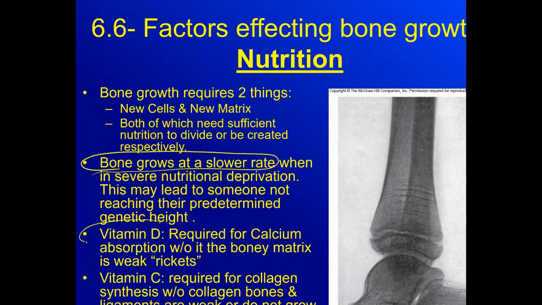Remember, I told you it's already programmed into your genetics. Vitamin D is actually required for calcium absorption. Without it, you get a disease called rickets. Basically, your bones are bendy. Your weight will cause your bones to bow. This actually was a real bad issue during the Depression.